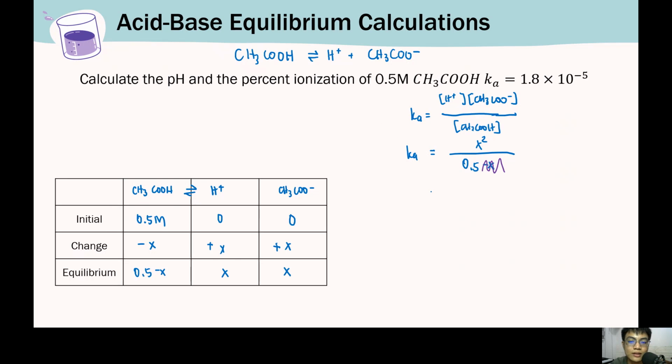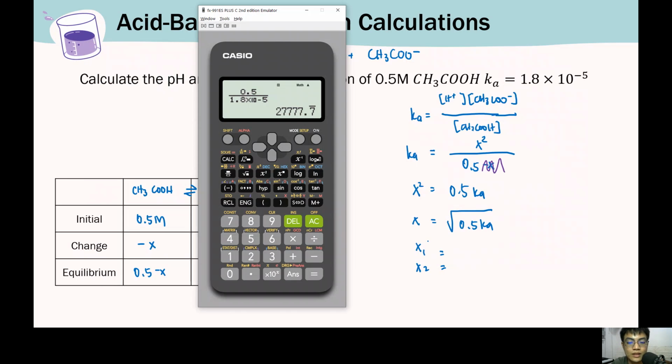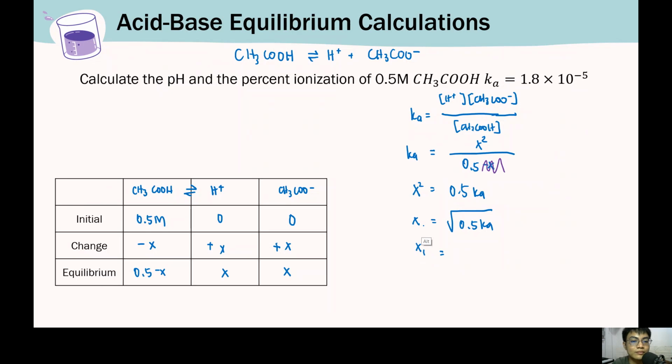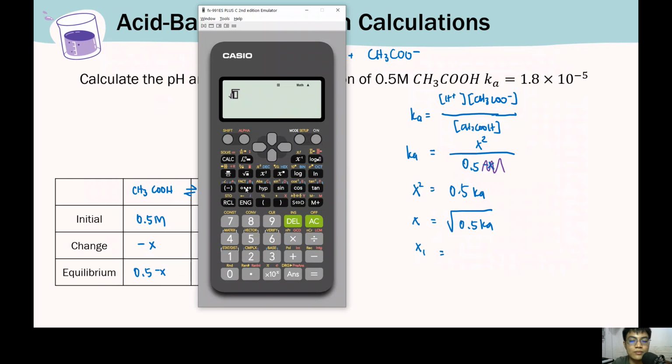Okay? So katulad ng ginagawa natin kanina, so this will be X squared equals 0.5 times Ka. So to just get X, this is square root of 0.5 times the Ka. Yan pala yung X.